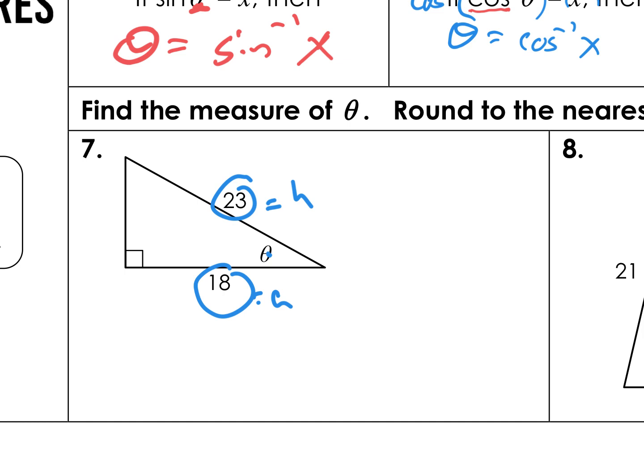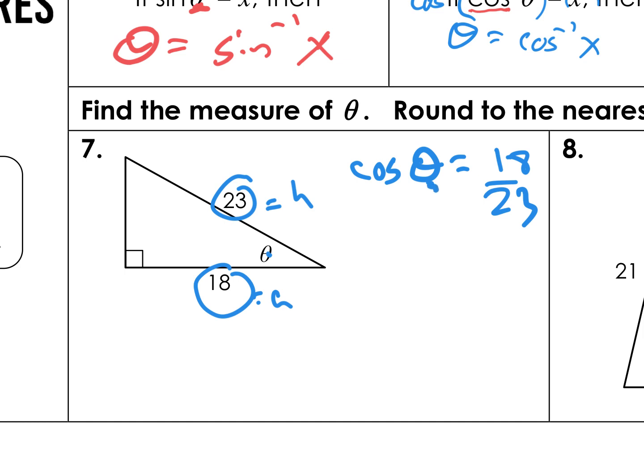Let me go look back at my notes. A and H. Cosine. So I want you to realize that the cosine of my angle that I don't know, hey, this is what you did on the work for Monday. Cosine of theta is equal to 18 over 23. But I want theta.